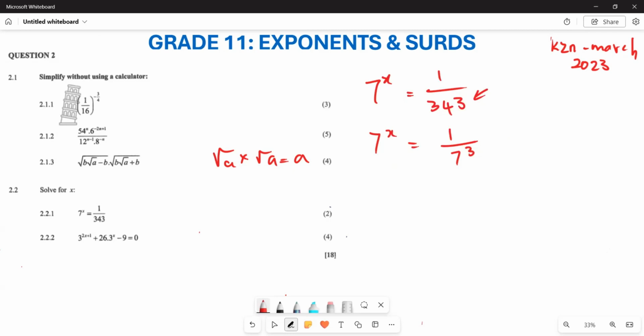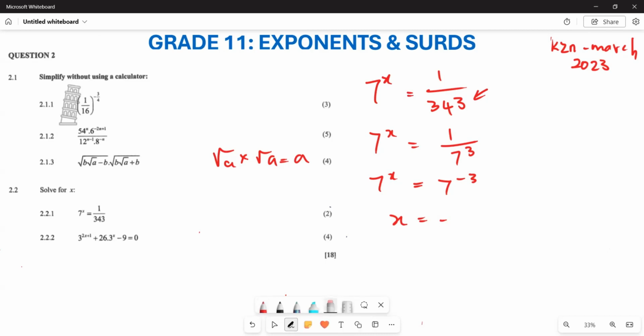So now this is going to be this. And now remember that you can still write 1 over 7 to the power of 3 in terms of 7 to the power of negative 3, right? And now you are going to find out that your x is going to be negative 3 altogether. So basically, that is going to be your value of x.